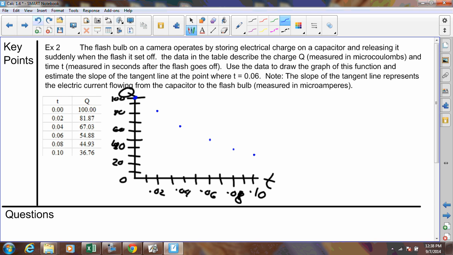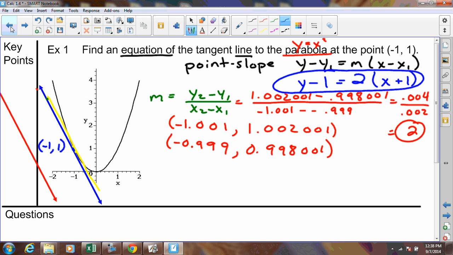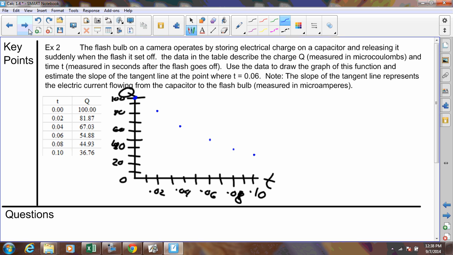Please note, we do not have an equation on this. In the last problem, we had the equation for the parabola. In this one, we don't. So when we say, okay, hooray, we have this graph, and we want the equation for the tangent line, or specifically the slope of the tangent line at 0.06, what is the slope of that line right here?